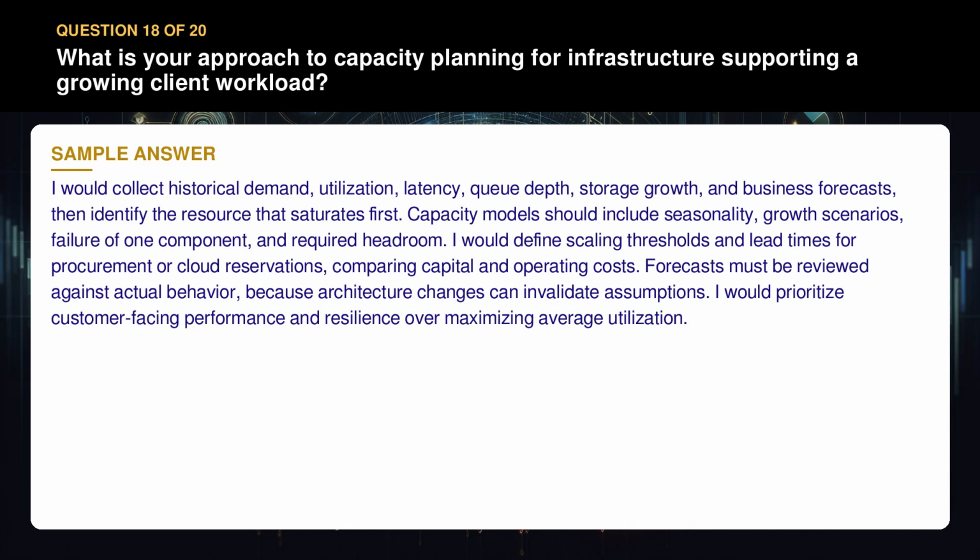I would define scaling thresholds and lead times for procurement or cloud reservations, comparing capital and operating costs. Forecasts must be reviewed against actual behavior, because architecture changes can invalidate assumptions. I would prioritize customer-facing performance and resilience over maximizing average utilization.